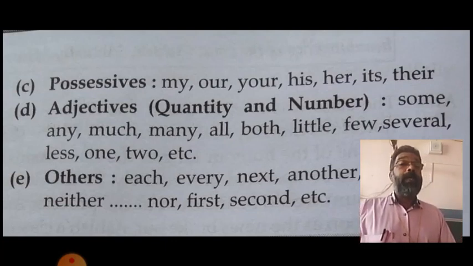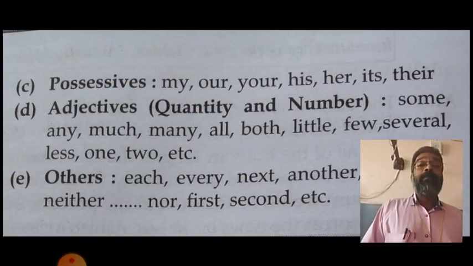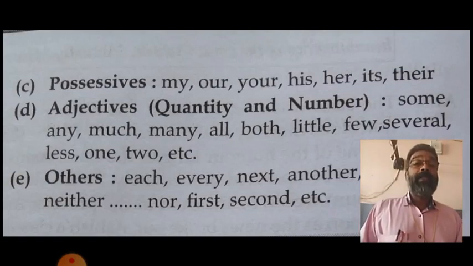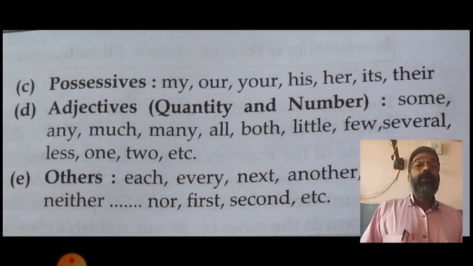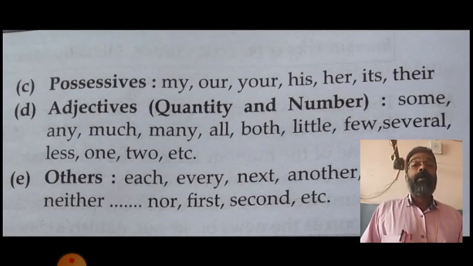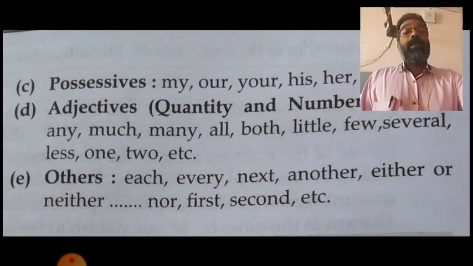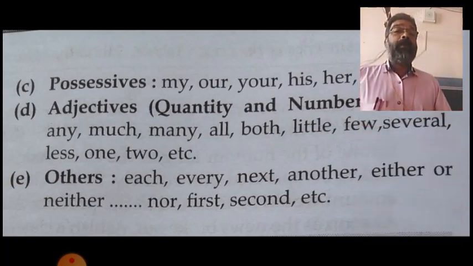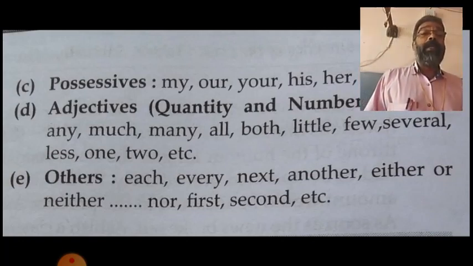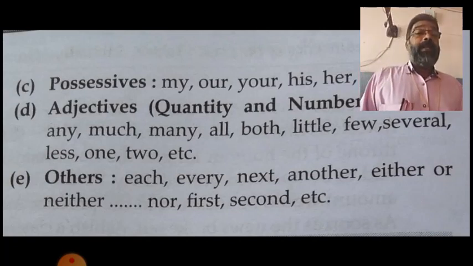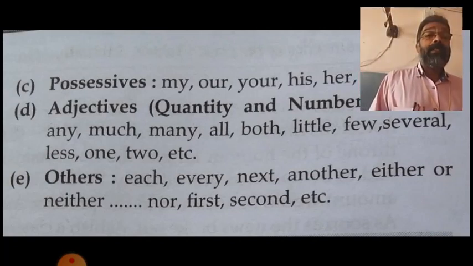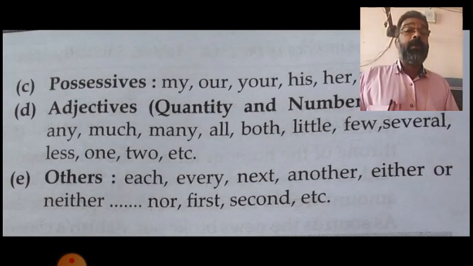Adjectives of quantity and number: some, any, much, many, all, both, little, few, several, less, one, two, etc. Some other determiners are distributive adjectives and numbers: each, every, next, another, either or, neither nor, first, second, etc.